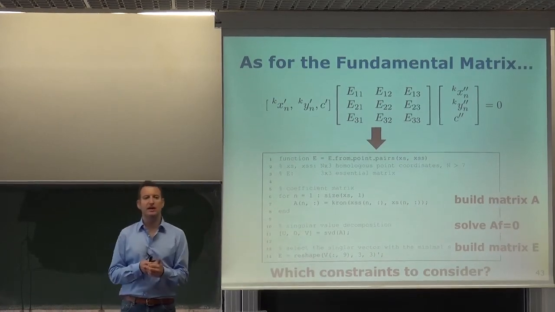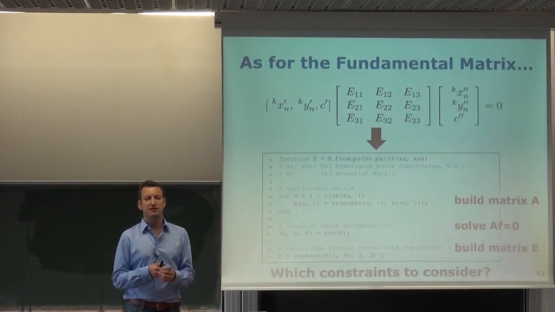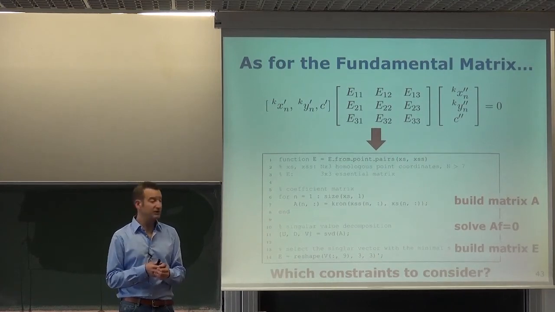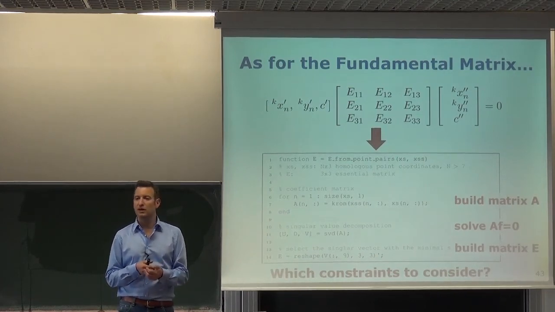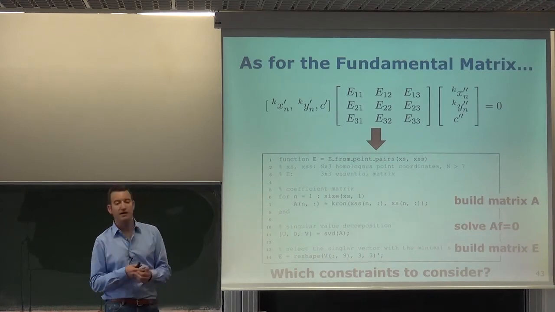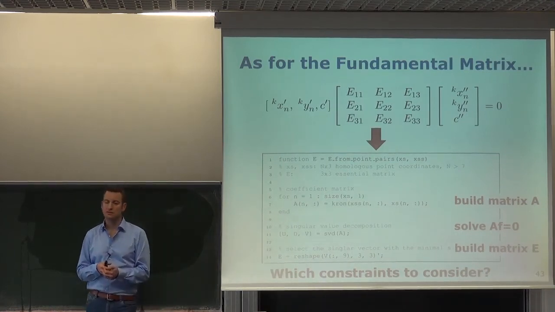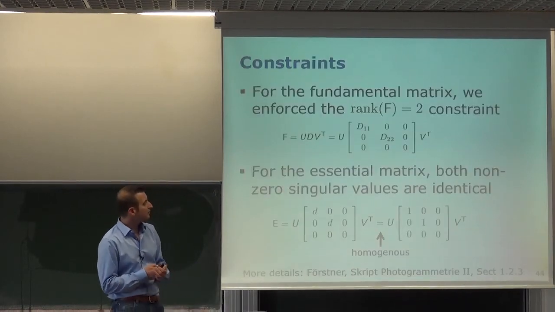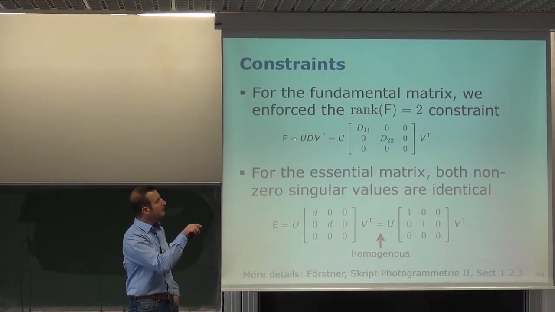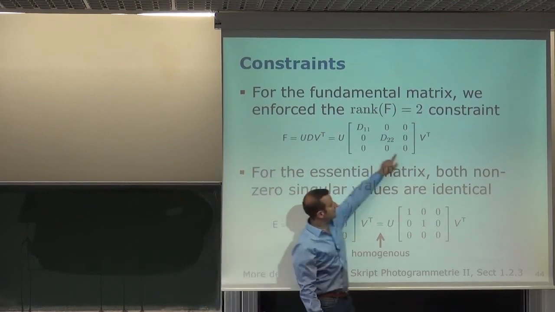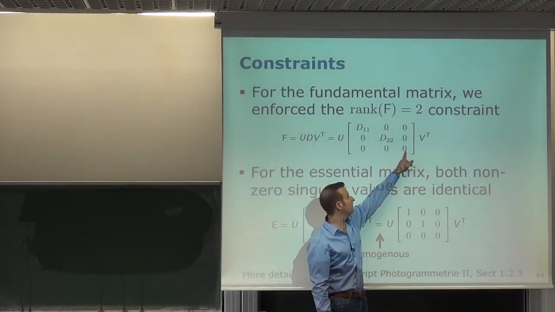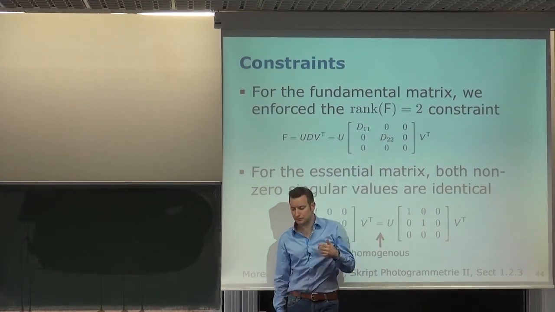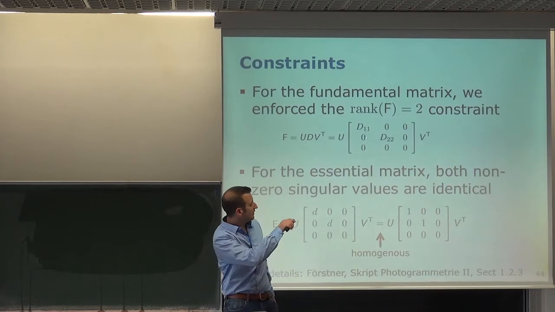Before, we said, okay, the third singular value should be 0, to impose this rank 2 constraint. And now we have an additional constraint that we need to take into account. For the fundamental matrix, we said we decompose it so that D33 is 0, and we have our 2 original singular values in here.